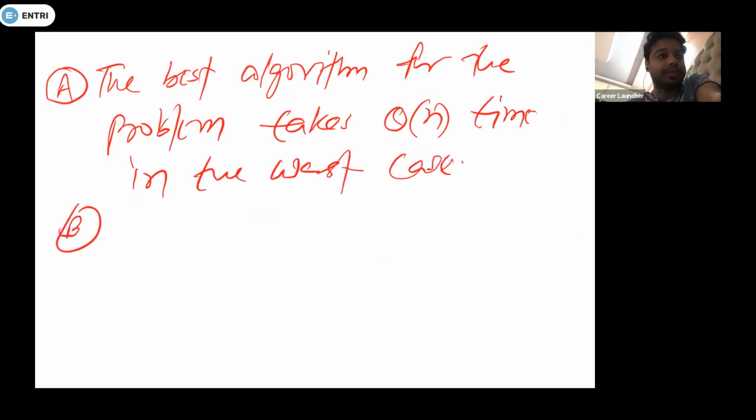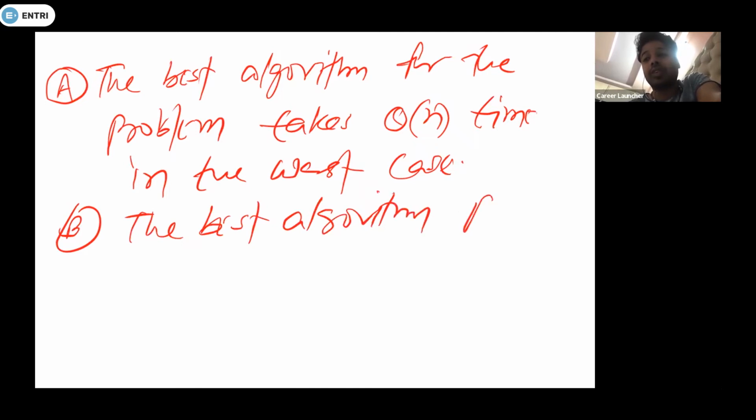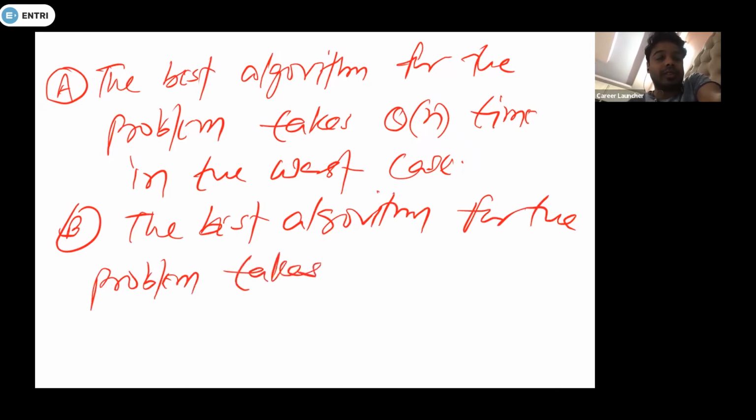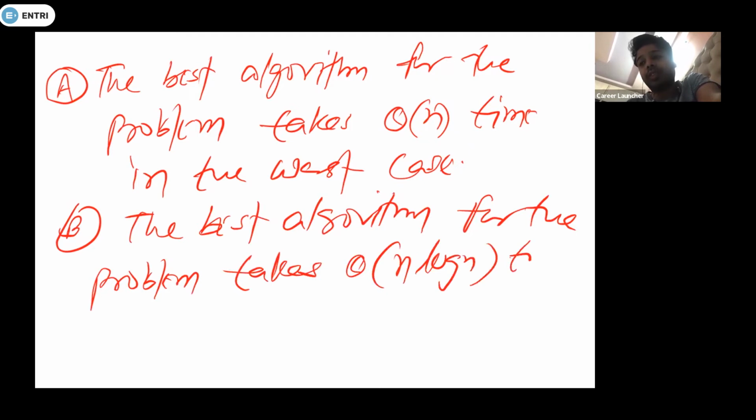B: the best algorithm for the problem takes theta of n log n time in the worst case.